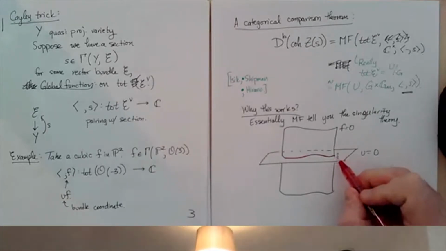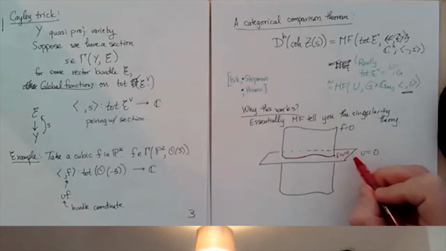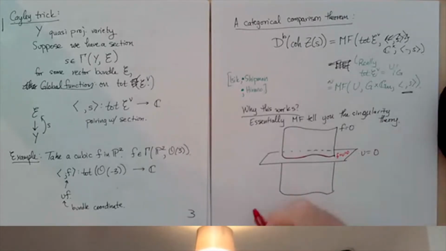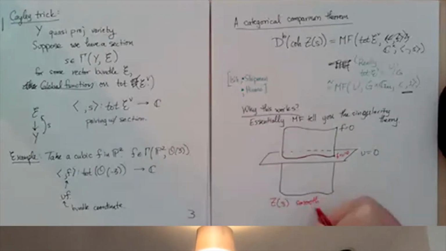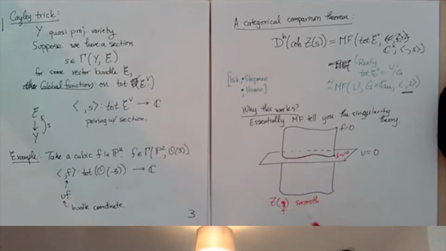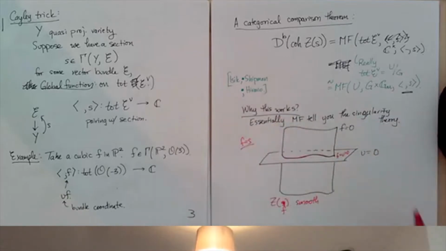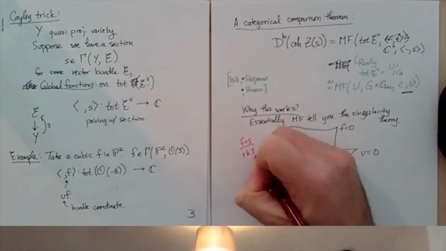Okay. And that's the singular locus. So in particular, the zero locus of S is smooth. Oh, wait, maybe I should say F. I'm mixing F and S. Let's just say F is equal to S. Okay, and I'm doing this in rank 1.